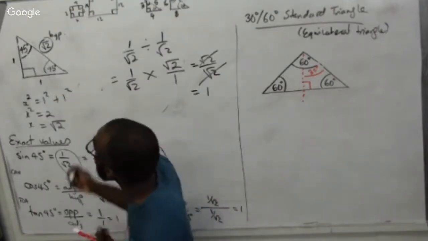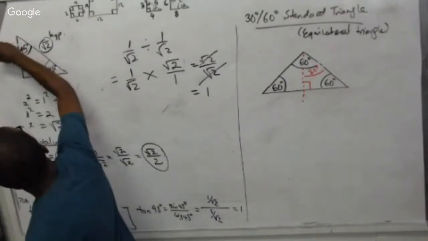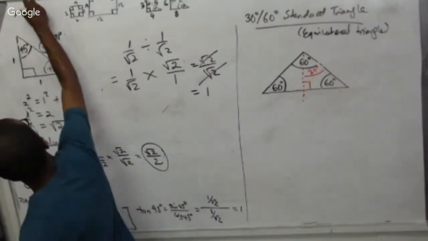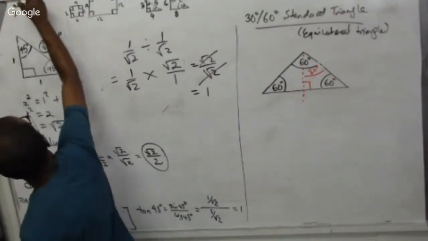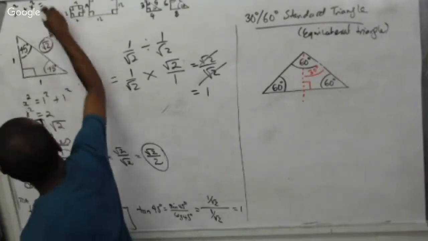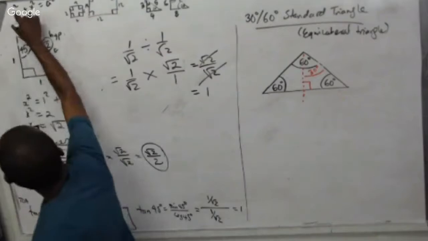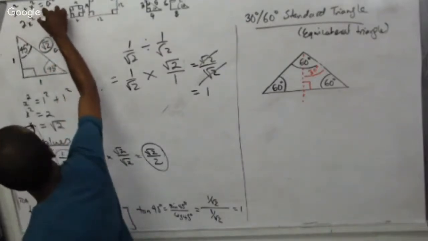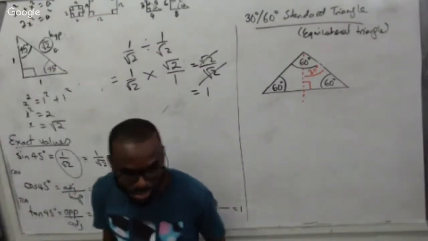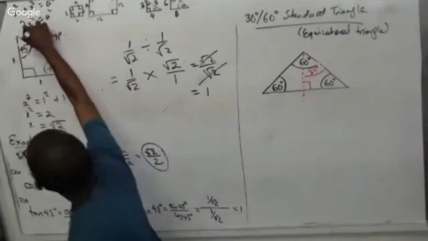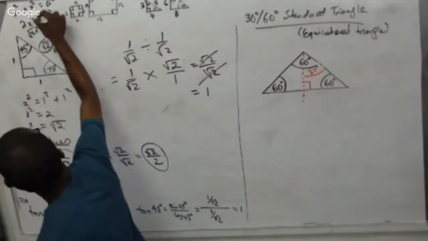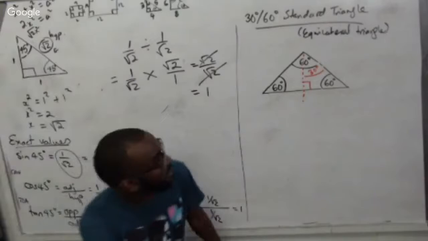And if you never believe me, if this is x and that is x, so it should have been x squared plus x squared, and if I call that a, this would have been a squared. Fair enough? This would have been 2x squared, because this is the same thing being added. That's all. And I'm taking the square root of both of them, and that would have been the root of 2 times x squared. That's all.